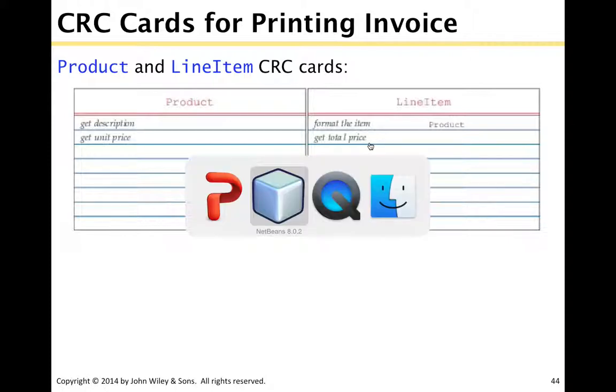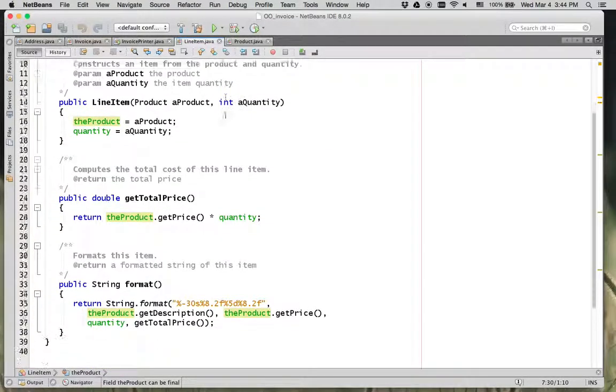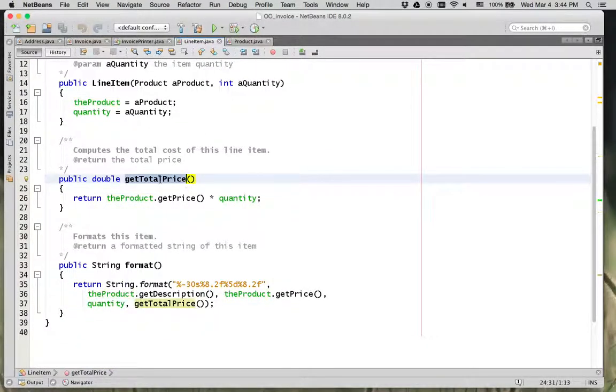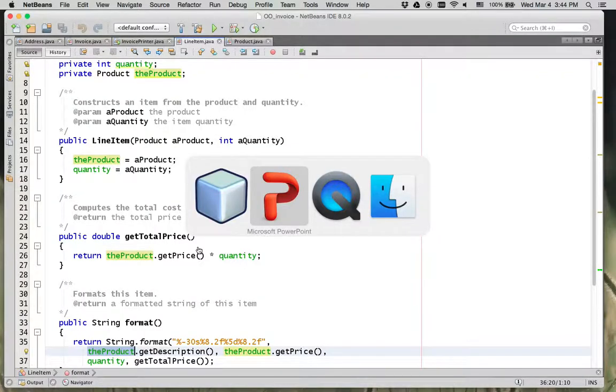So the code for LineItem owns a product and two responsibilities, format and get total price. The collaborator is Product. The format collaborator is Product as well. So those are implemented based on the UML diagram and then the CRC card.